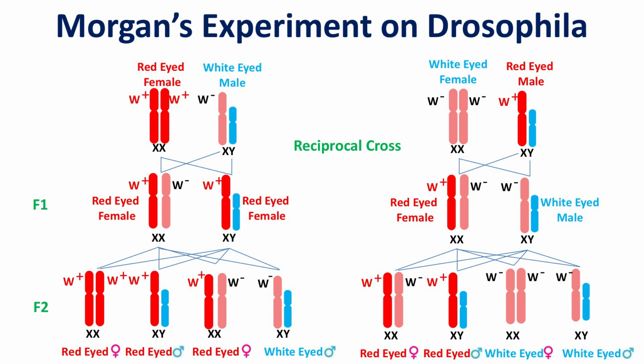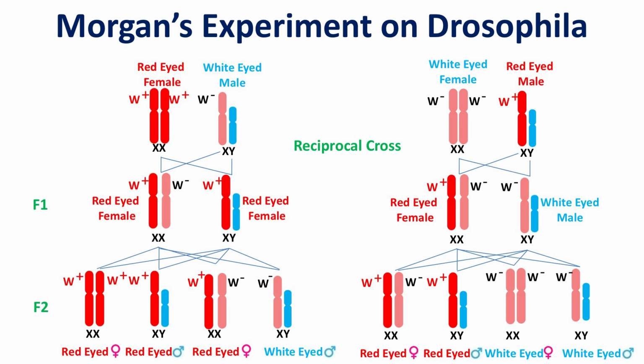You see the cross 2. In the second cross, he crossed a white-eyed female with a red-eyed male and found that 50% of F1 offspring were red-eyed and the rest 50% white-eyed. When these F1 offspring were allowed free mating, in the F2 generation he found that 50% of offspring are red-eyed and 50% are white-eyed.